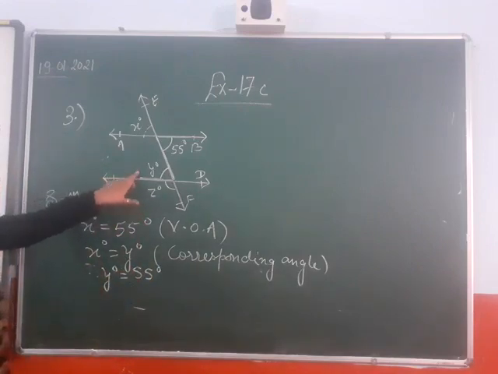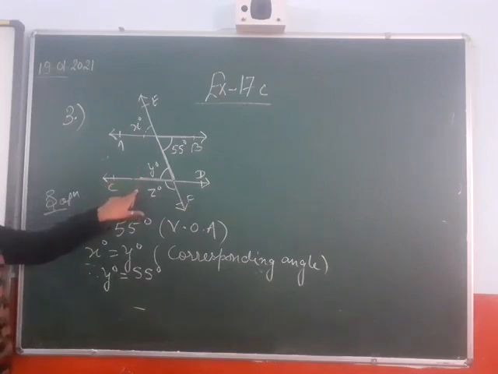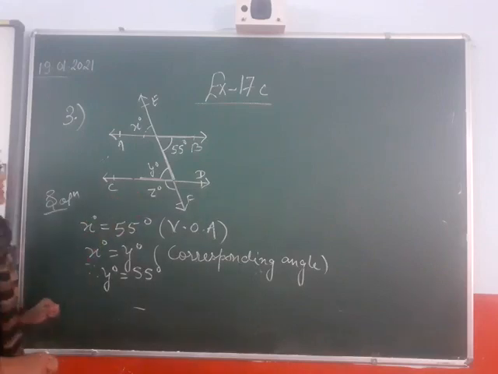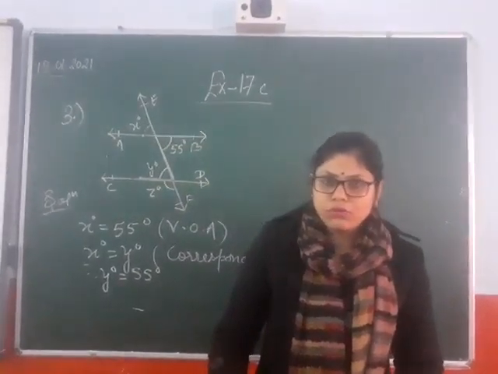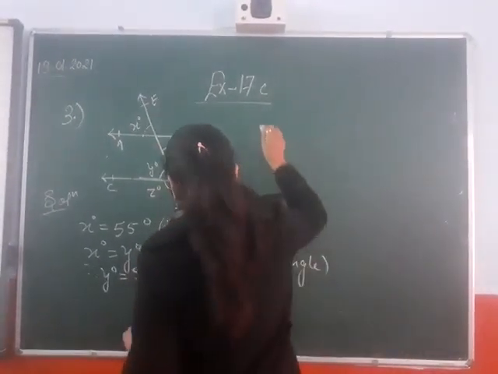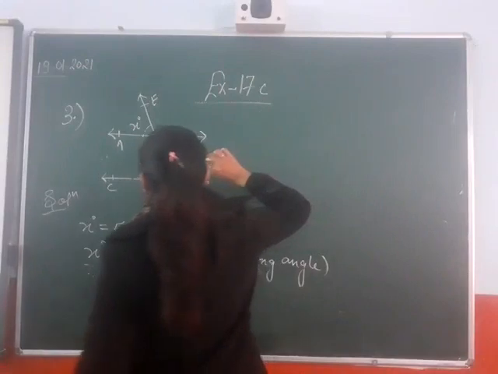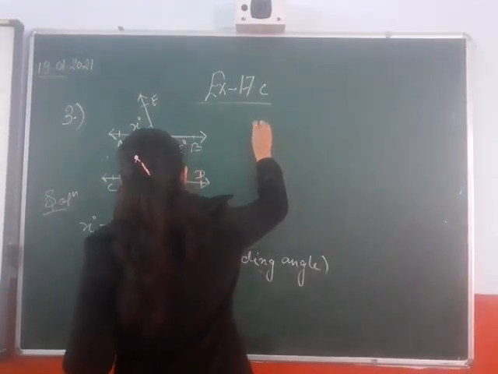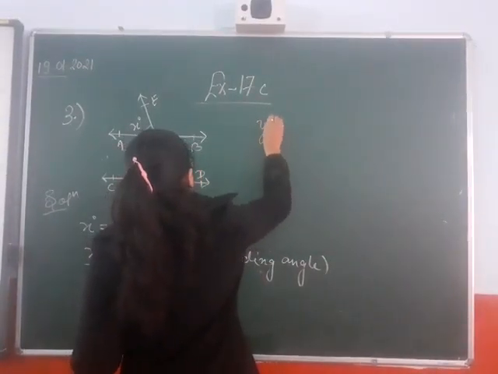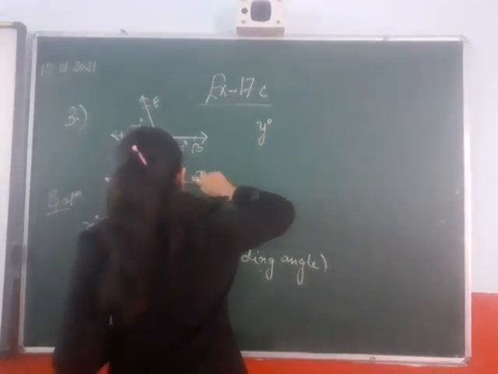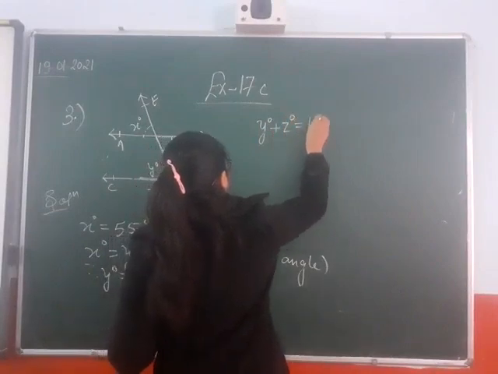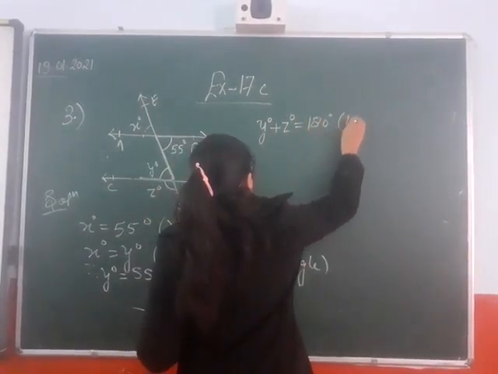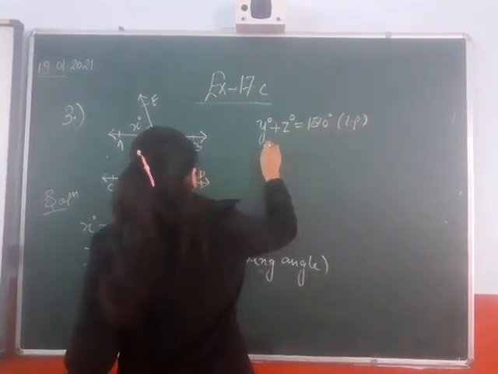Y degree and Z degree, what are they forming? Y degree plus Z degree will be equal to 180 degree. So you can take out the value of Z also. Y degree you got right now.